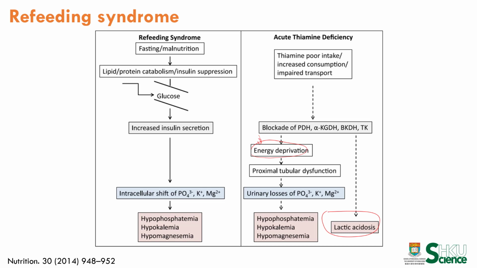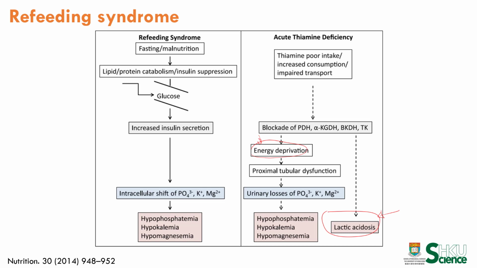The body requires energy, but the glucose isn't able to be used for aerobic energy production because pyruvate dehydrogenase doesn't work in the absence of thiamine. The glucose would be fed into the lactic acid production pathway, leading to a buildup of lactic acid. Lactic acidosis in the severe form can kill a person, together with the disruption of the electrolyte balances.